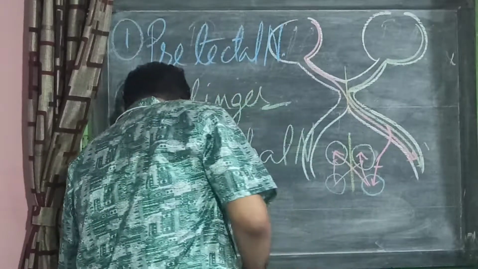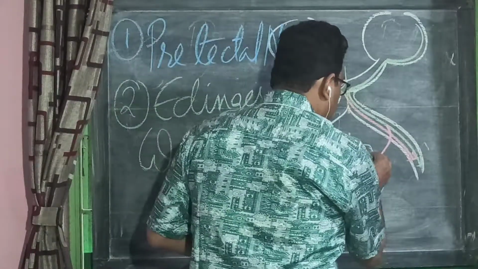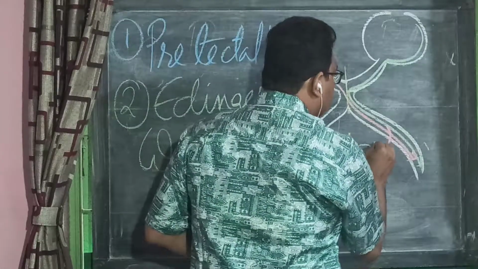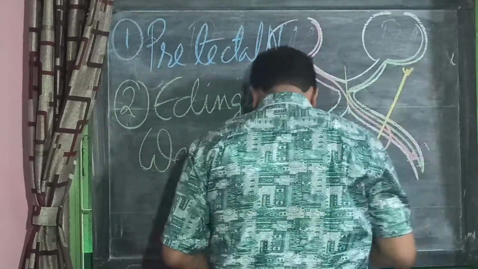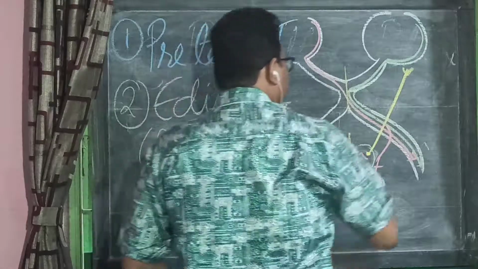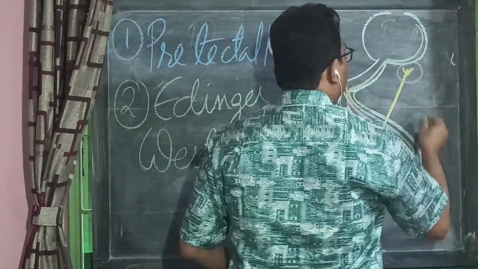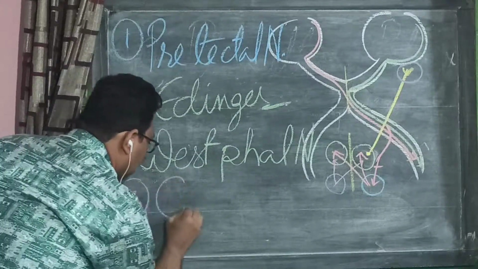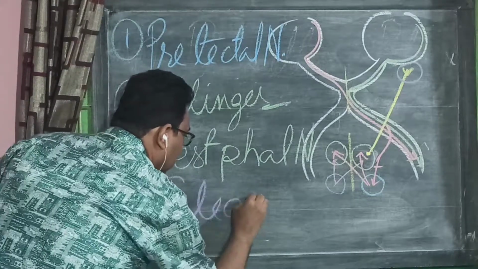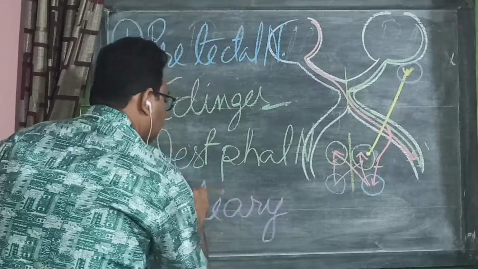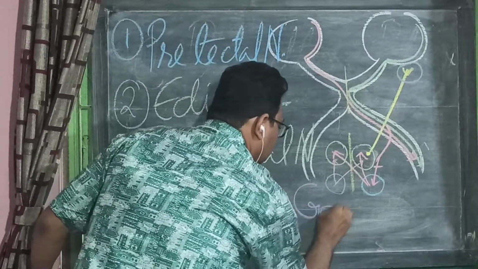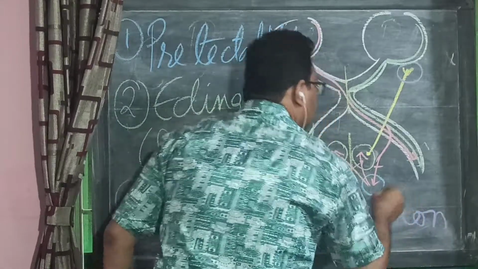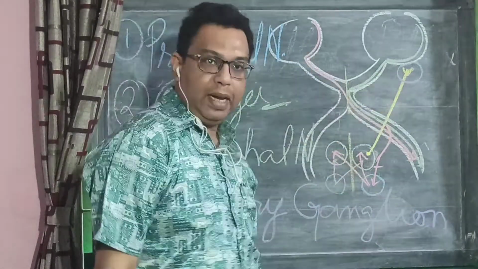Preganglionic fibers will arise from the Edinger-Westphal nuclei. They will go to the ciliary ganglion.